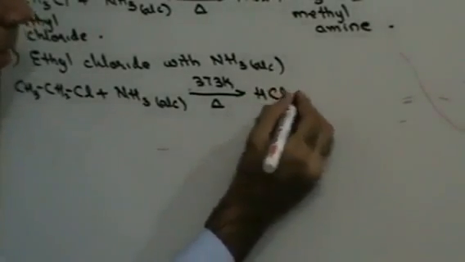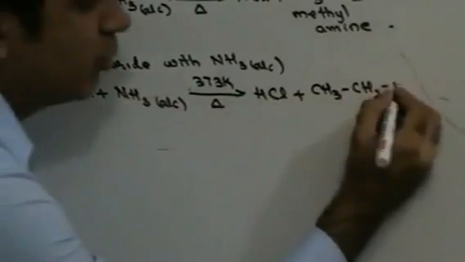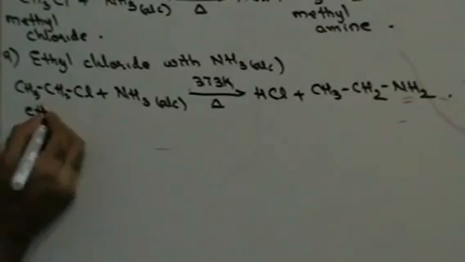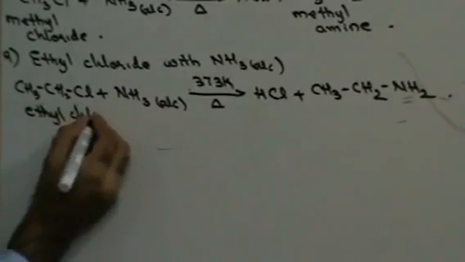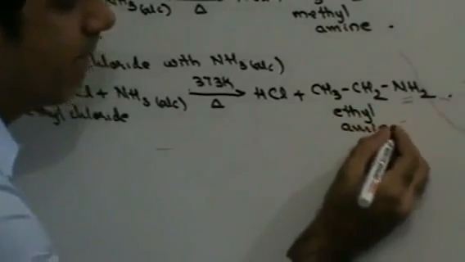So in this case you will get HCl plus CH3CH2NH2, right? So this is ethyl chloride, and this is going to be ethylamine.